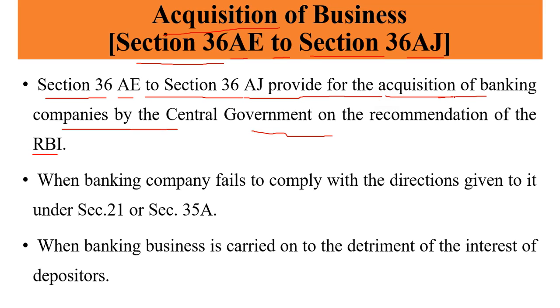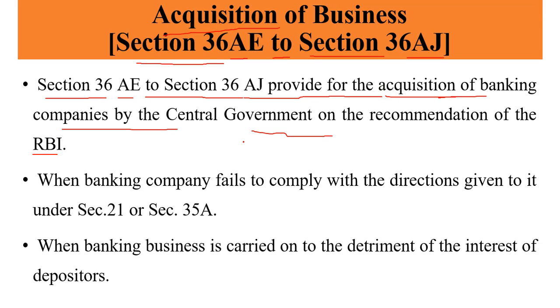Acquisition is when one bank purchases most or all of another bank's shares to gain control of that bank. In short, acquisition means taking over another bank, a small bank, into a big bank. So when can the acquisition take place? Now, there are two conditions.